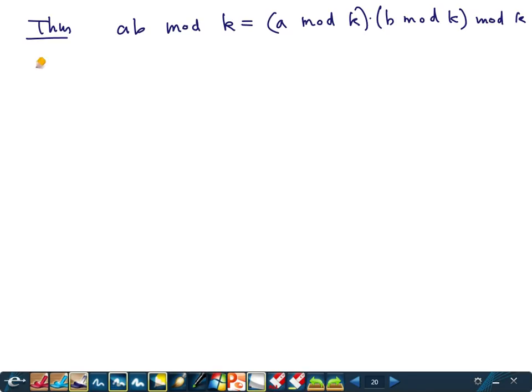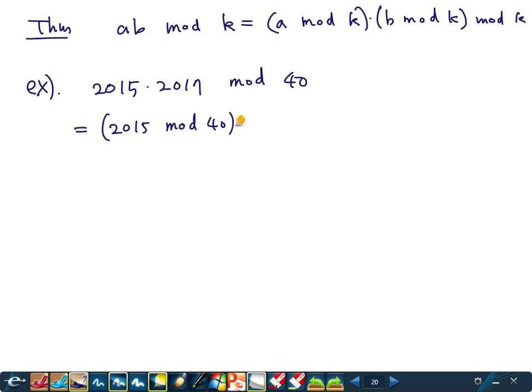It's quite easy. For example, 2015 times 2017 mod 40. Suppose you want to compute this. If you compute the product of these two numbers, it will be very large. You can do this, but it takes time. So this theorem says you don't have to compute this. You just need to compute the remainders first, and then take mod 40.